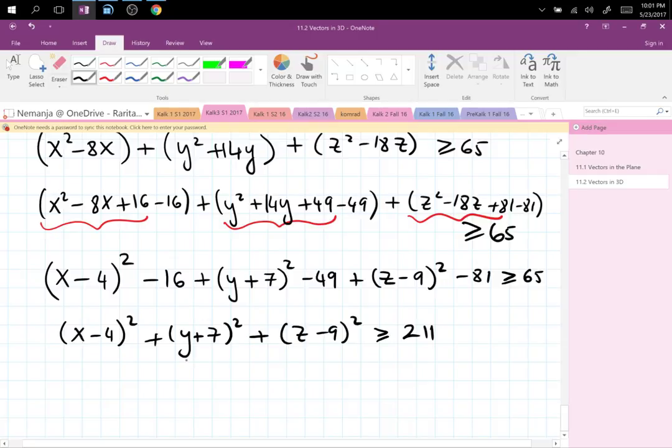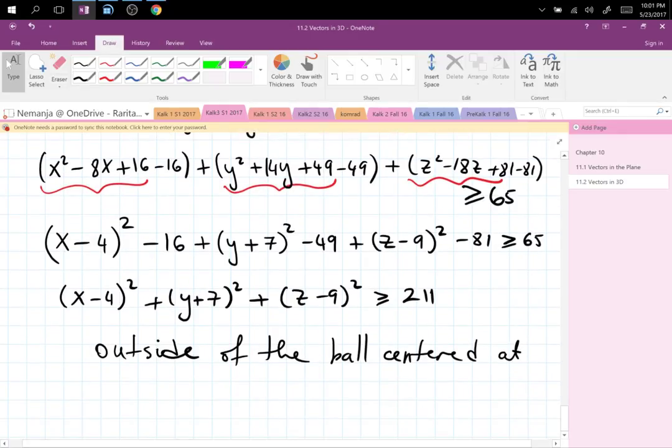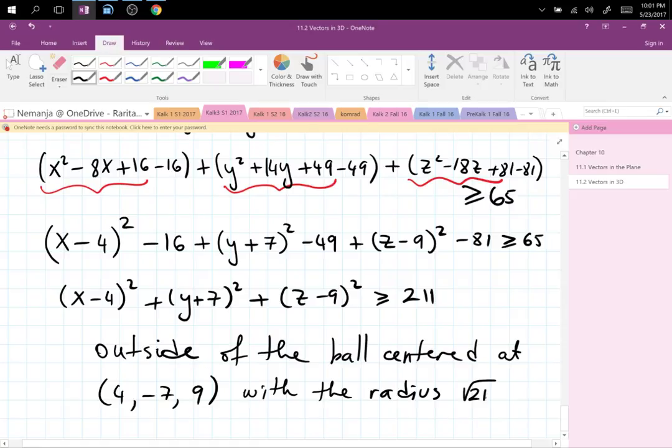So this is the outside of the ball centered at 4, negative 7, 9 with a radius of square root of 211. You can describe this as the outside of the ball centered at 4, negative 7, 9 with the radius square root of 211.